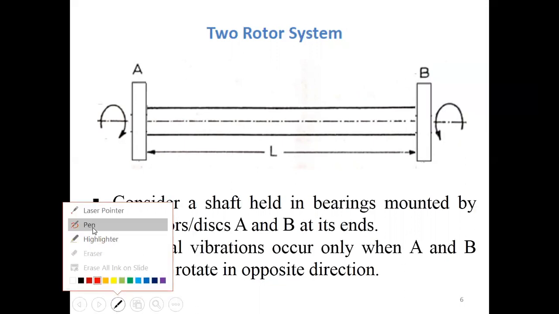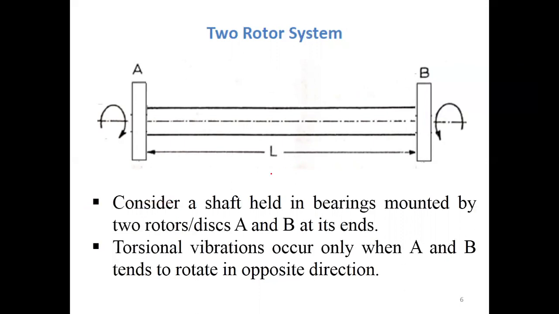So here in this diagram you can see there is a shaft of length L and it has a uniform diameter D. At the two ends of the shaft, you can see there are two rotors, rotor A and rotor B, mounted.